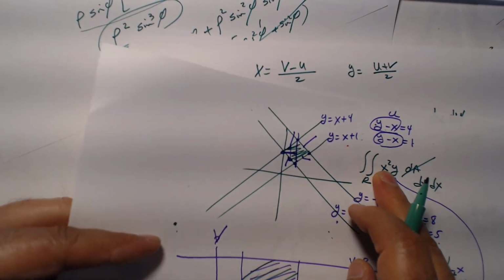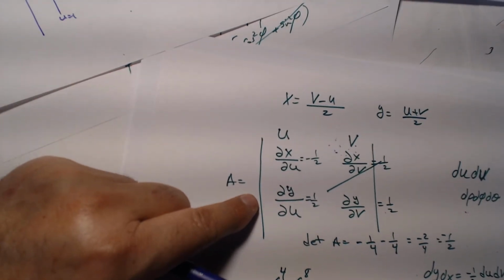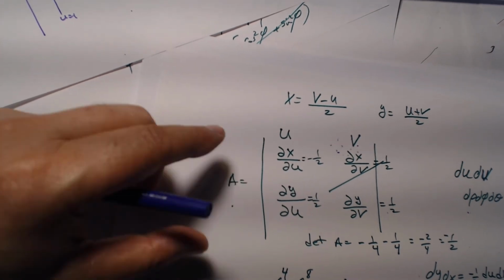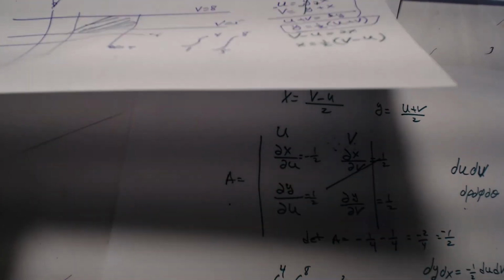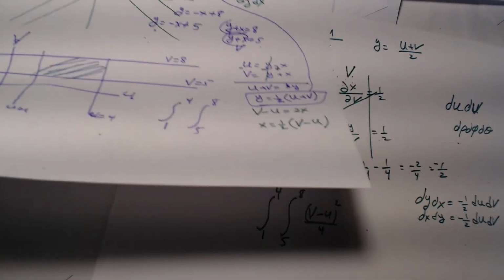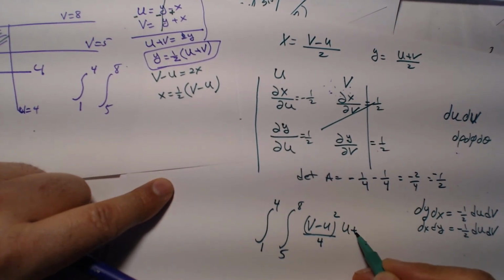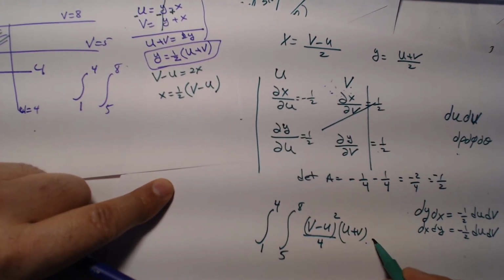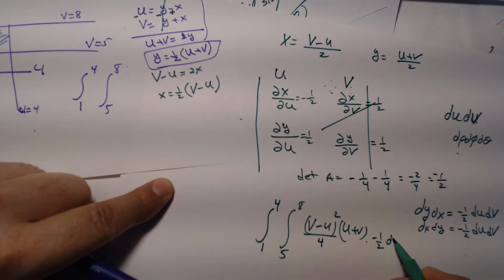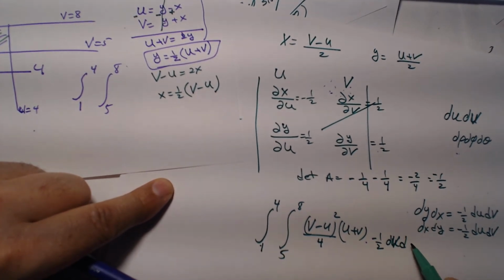Instead of x squared, I'm going to write (v minus u) squared over 4. I squared it. Instead of y, I'm going to write (u plus v) over 2, and negative 1/2 dv du, because du is at the end.